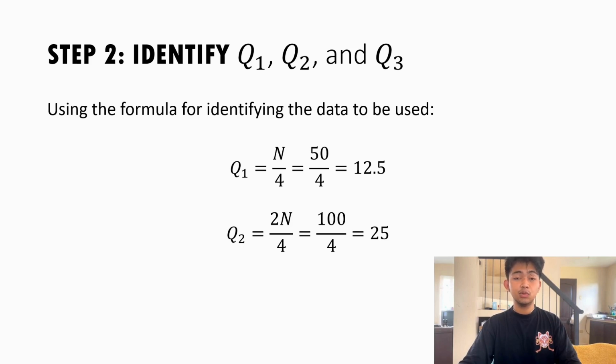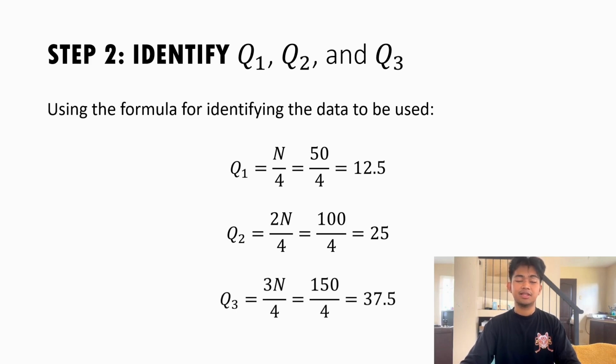Then 2 times 50 is 100, over 4 is equal to 25. Last but not least is Q3, which is 3 times the total frequency over 4. The total frequency is 50, times 3 divided by 4. It equals 37.5. Okay, this is how we locate our Q1, Q2, and Q3.